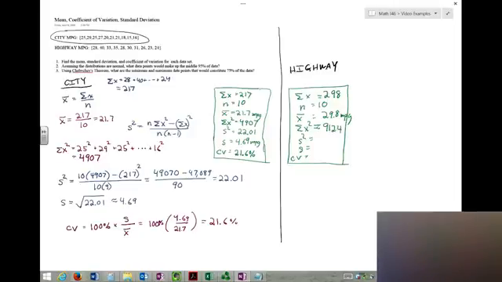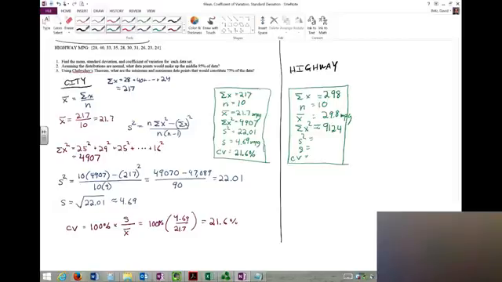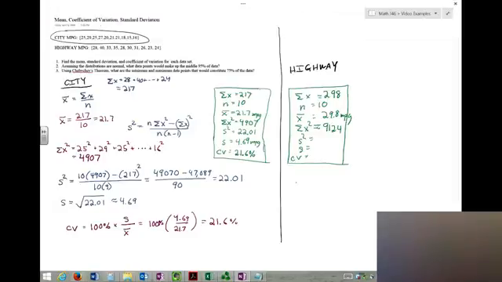And so when we find the variance, we're going to get n times sigma x squared minus the 298 sigma x, the whole thing squared, again over 10 times 9.